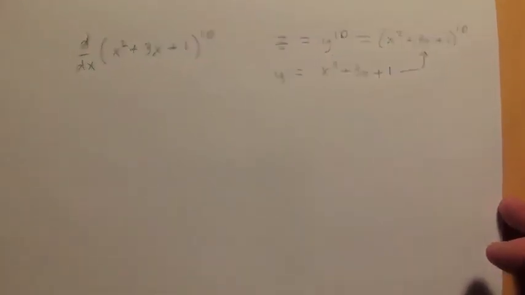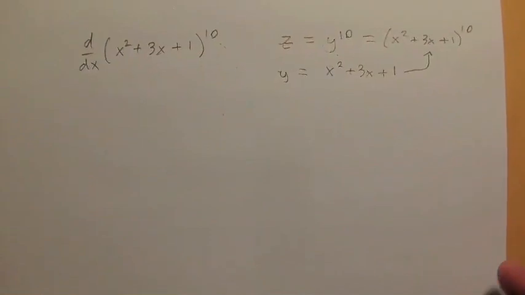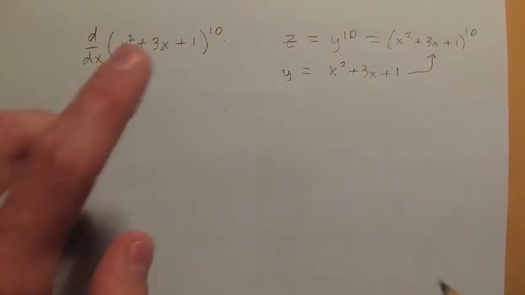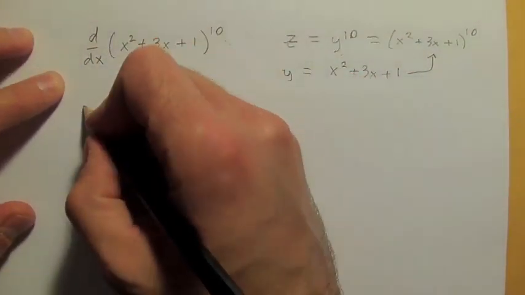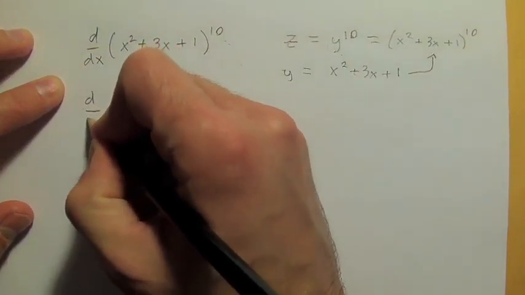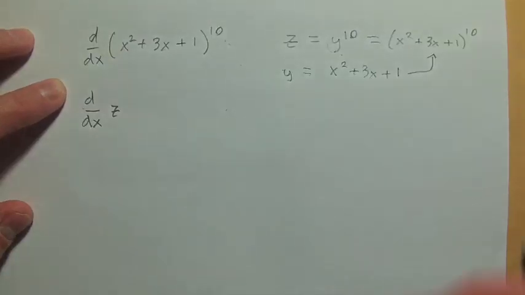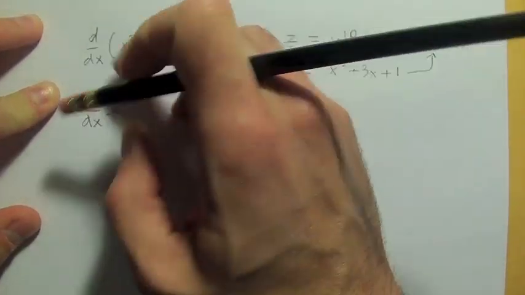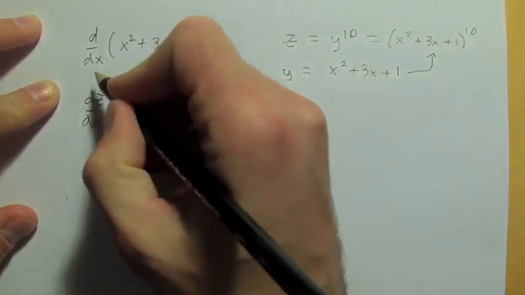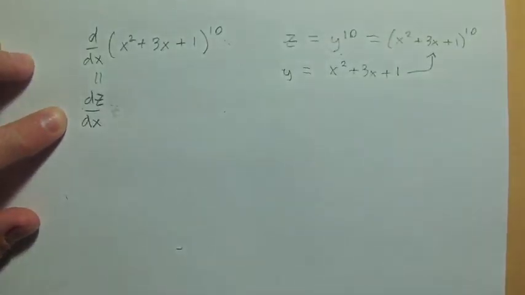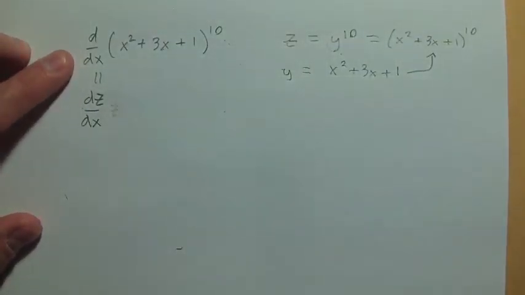Okay? So from here, what I'm doing is basically taking the derivative with respect to x of z, right? So this is actually dz over dx, what we're taking here.